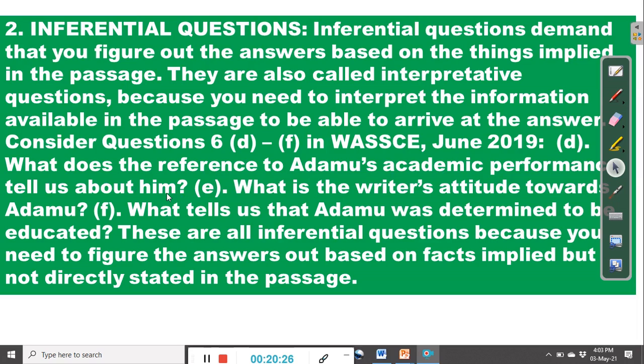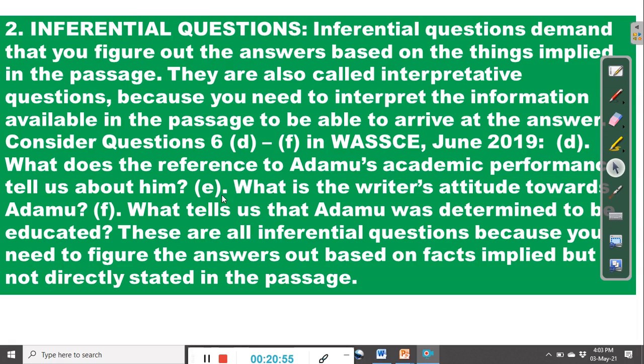You go to the passage, you discover that even the word academic performance is not mentioned in the passage. So you have to figure out, you have to look for where reference is made to Adamu's academic performance, and then you'll be able to figure out what it tells us about him.